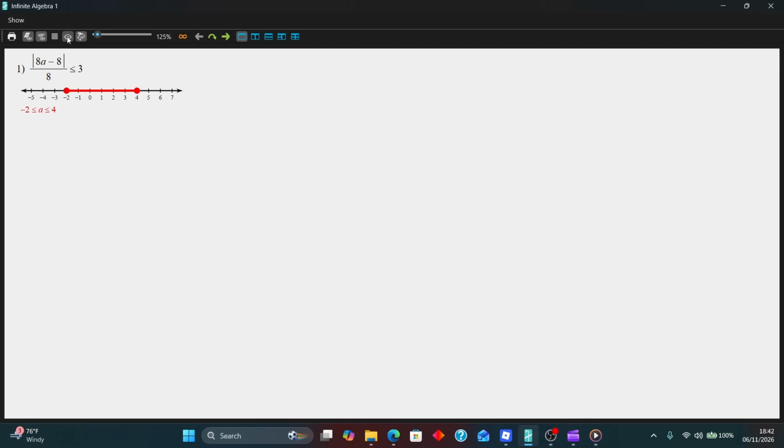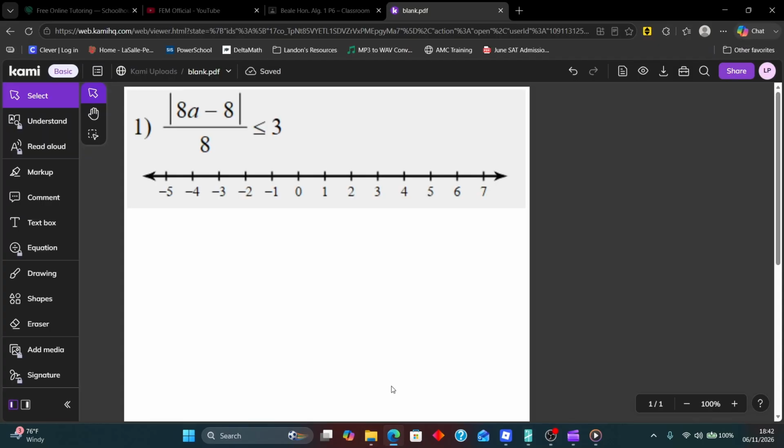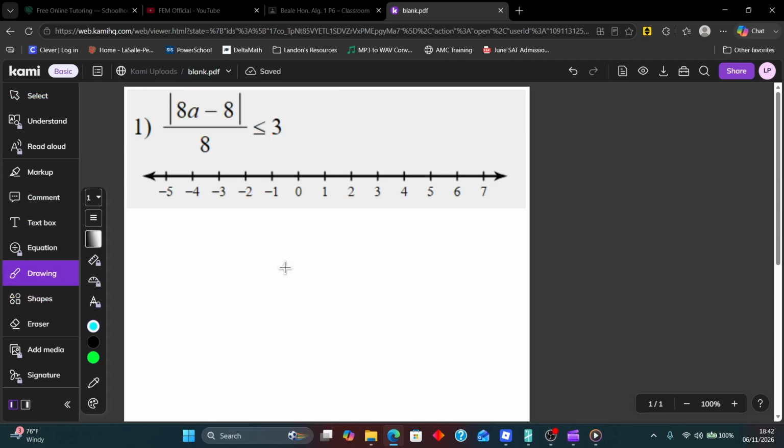Did you get that? Alright, yeah, let's go through this real quick. Okay, so first what we want to do here is we want to multiply each side by 8, and this is going to get our stuff isolated. So 8a minus 8 is going to be less than or equal to 24.